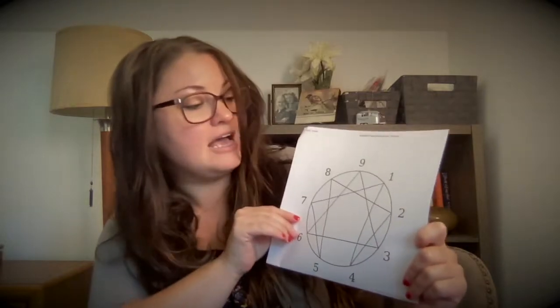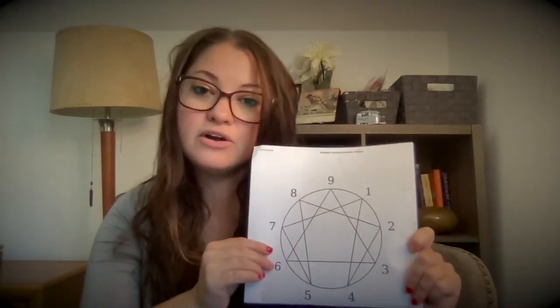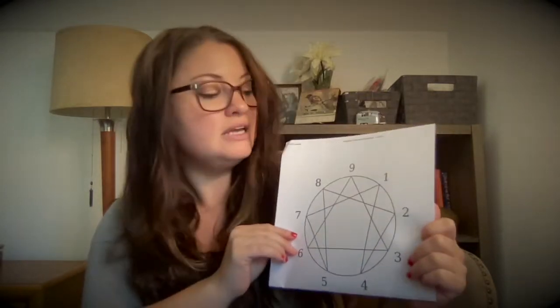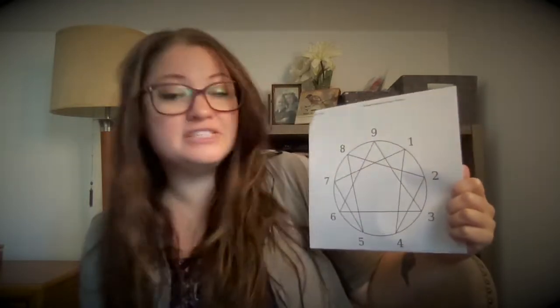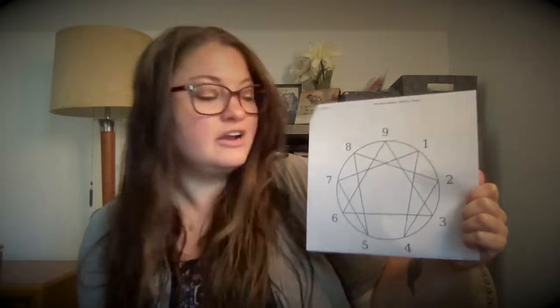So type 9 is called the peacemaker or the mediator. Type 1 is called the reformer or the perfectionist. Type 2 is called the helper, sometimes the giver, the helper, the giver, the special friend. Type 3 is called the achiever, also called the chameleon.